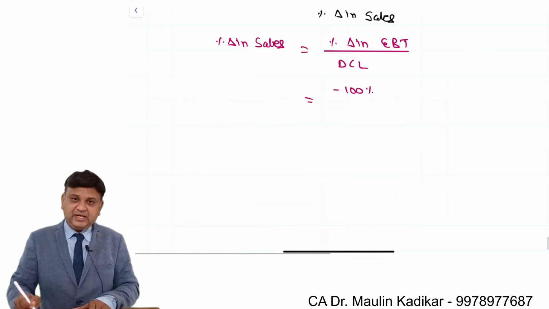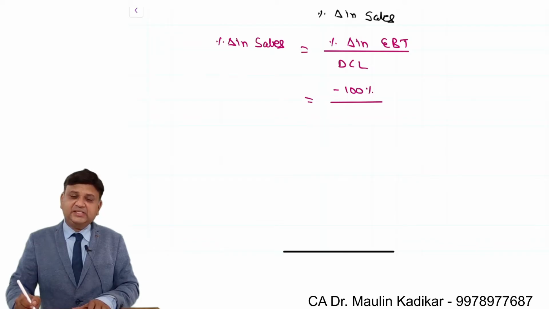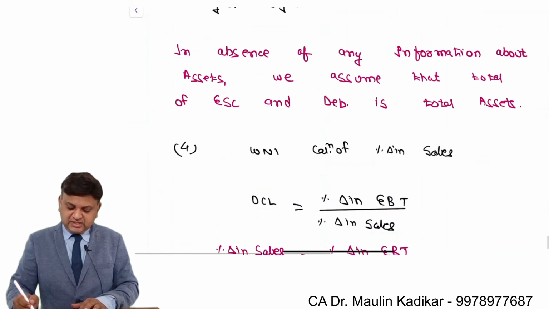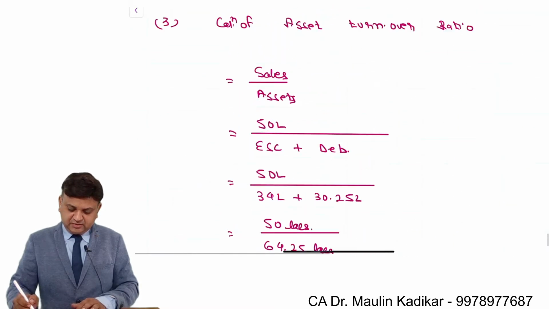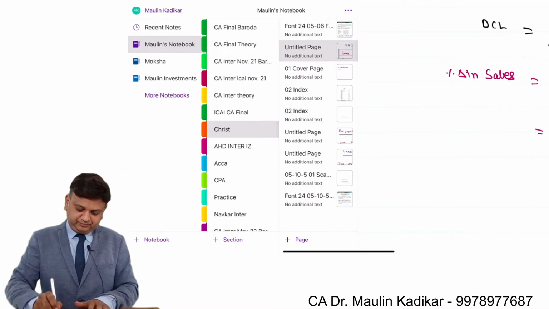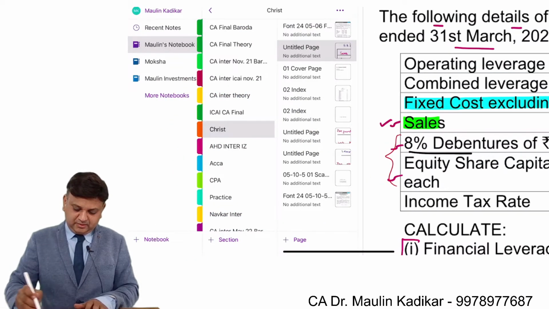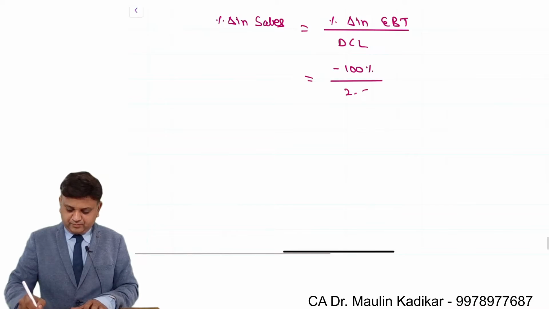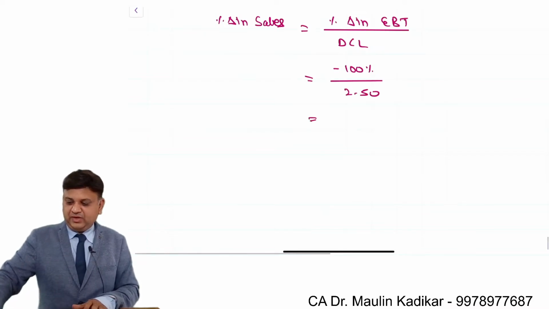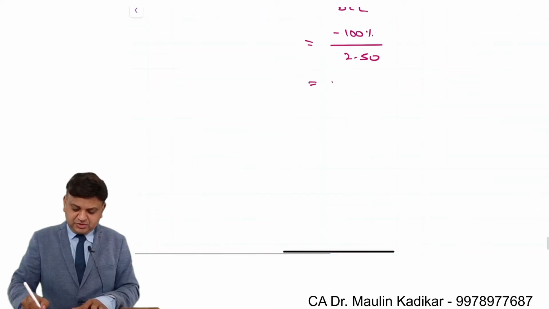So numerator is negative 100% divided by DCL. What is the degree of combined leverage, friends? Degree of combined leverage is given to us in the question, that is 2.50. So 100 upon 2.5, that comes to negative 40%.